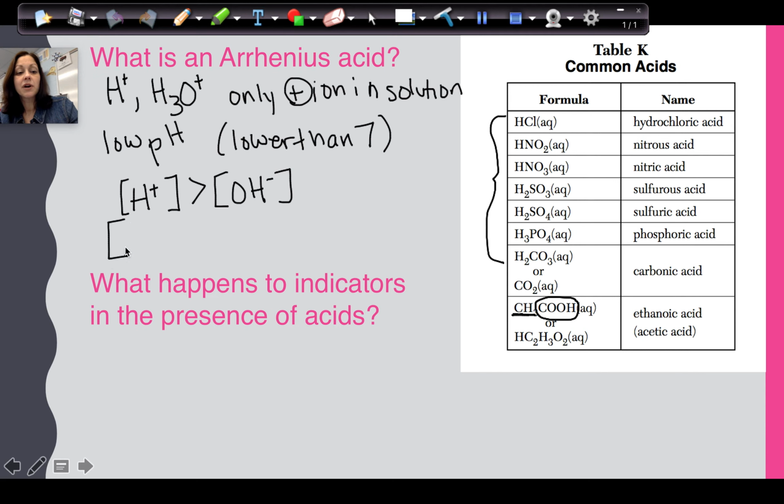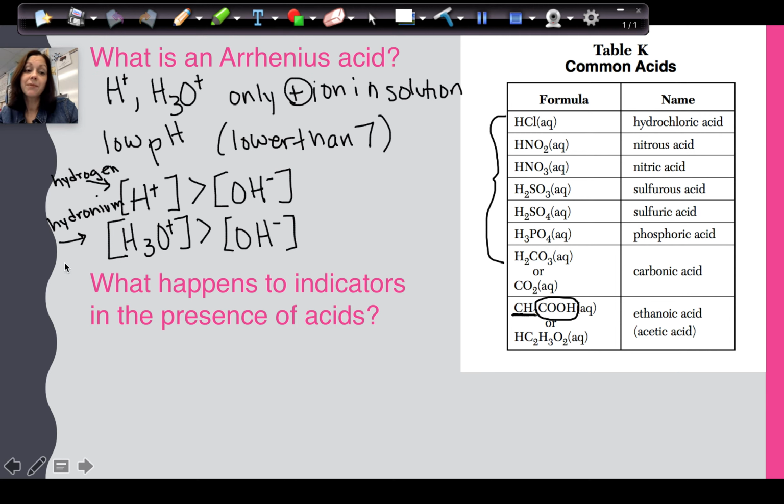And since we talk about H+ and H3O+ in an equivalent fashion, we could also say that H3O+ concentration is greater than OH- concentration. Remember, we called this one the hydrogen ion, and we called this one the hydronium ion. So if they mention hydrogen ions in solution or hydronium ions in solution, we're talking about acids.